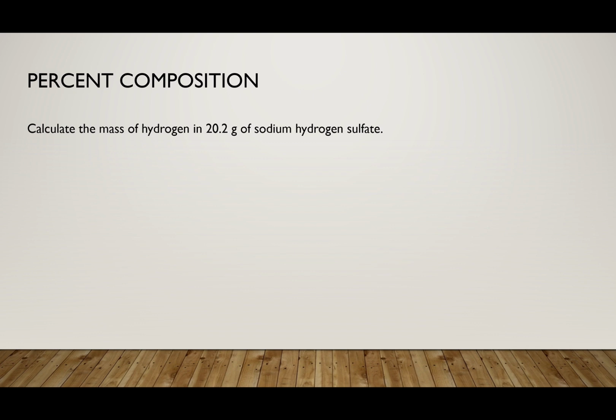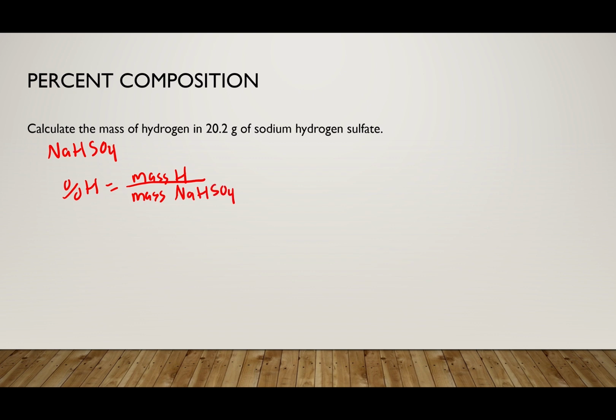Our formula for sodium hydrogen sulfate is given as NaHSO4. We're looking for the percentage of hydrogen present in this compound by mass. So we're going to find the total mass of hydrogen and divide it by the mass of this formula of sodium hydrogen sulfate.